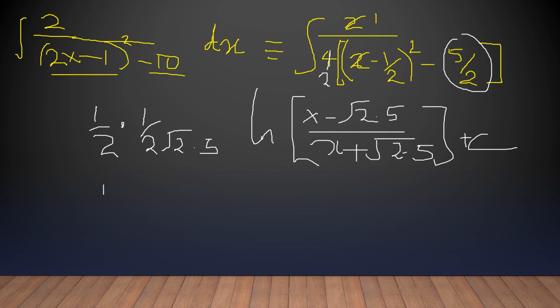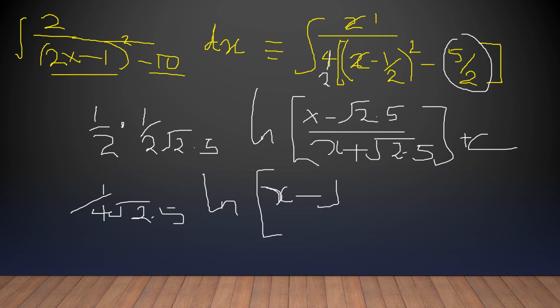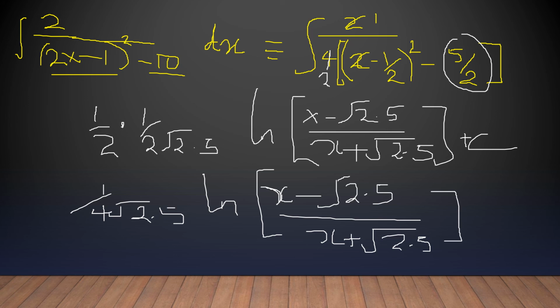So this becomes 1 over 4 square root of 2.5 ln of (x minus square root 2.5) over (x plus square root 2.5), something like that.